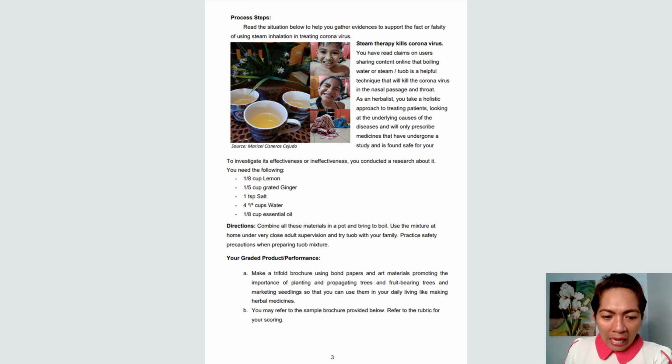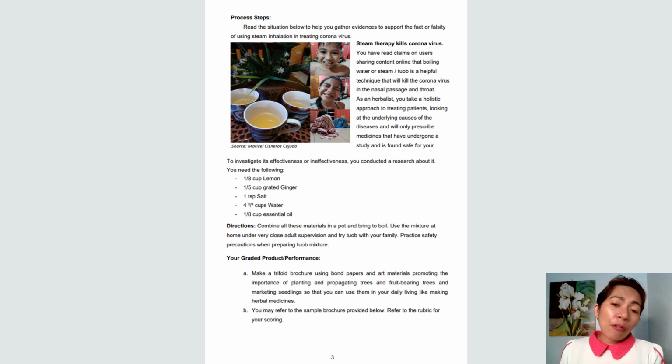Okay, so yun na nga. And then letter B, you may refer to the sample brochure provided below. Refer to the rubric for your scoring. So yung sa GRASPS, yung last S, yun po yung standard, which means the rubric. So, for us to scaffold learning, kasi sa bahay nga, you are not having your physical or face-to-face teaching and learning process.